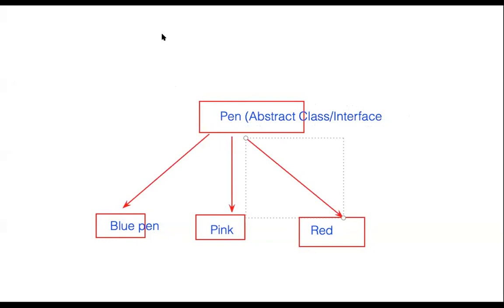Now, if I want to create these objects, blue pen, pink pen, red pen objects, what I can do is create another class and I will mark it as the factory class. Now the factory class's job would be to create the object of these pens based on its interface. I'm going to tell you the implementation of it as well, but I'm just trying to present the overall picture of what I'm going to do next.